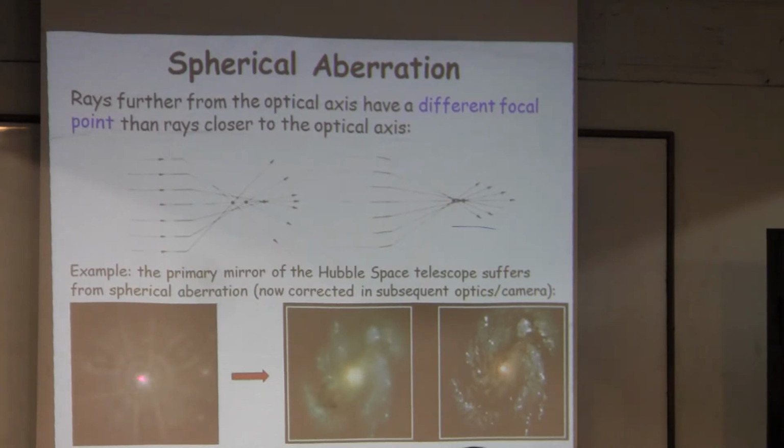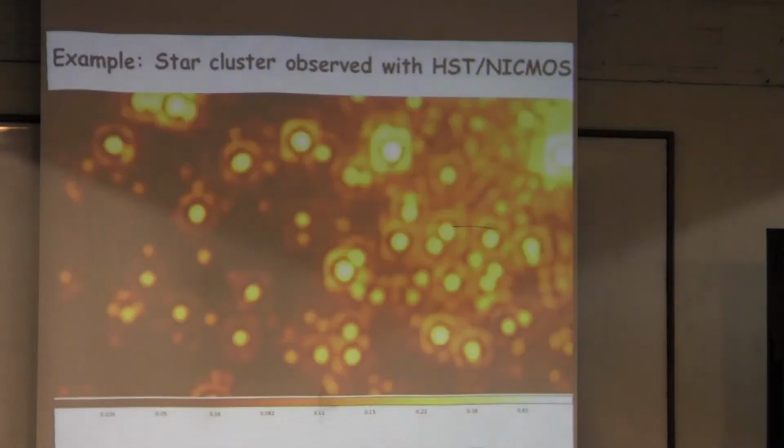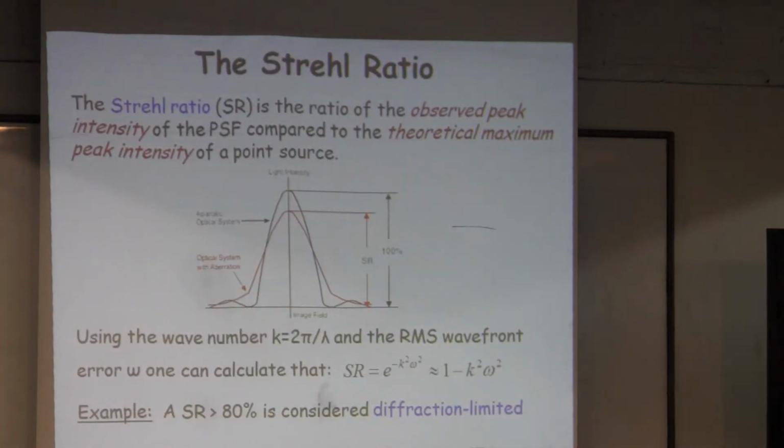Ideally, you would have a bright peak here and some rings around, but not all this crap here. So the light that you see here is, of course, missing in the center. That PSF naturally has a very low Strehl ratio, and that also means that you have a low sensitivity, because you have a fainter peak. You can actually calculate what the Strehl ratio is, but we shouldn't worry about this part.